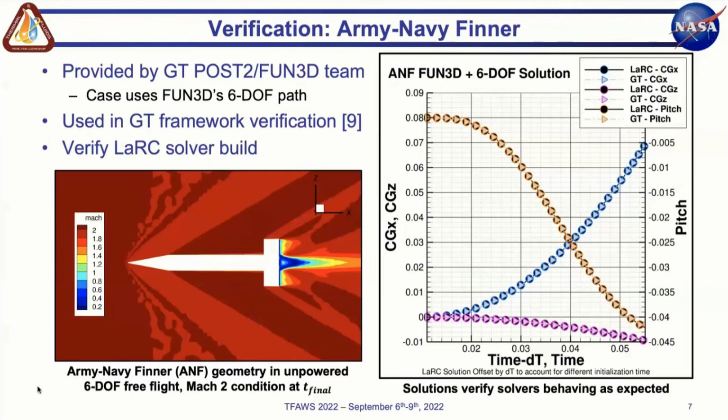Georgia Tech originally ran this case a few years back as a verification for their framework as they were getting ready to implement POST2. And so for us, it works as a verification case that the Langley native builds of the solver, or the coupled solver, work as expected. And on the plots on the right, you can see that we're getting great alignment with their solution, again verifying that everything works as expected. Next slide.